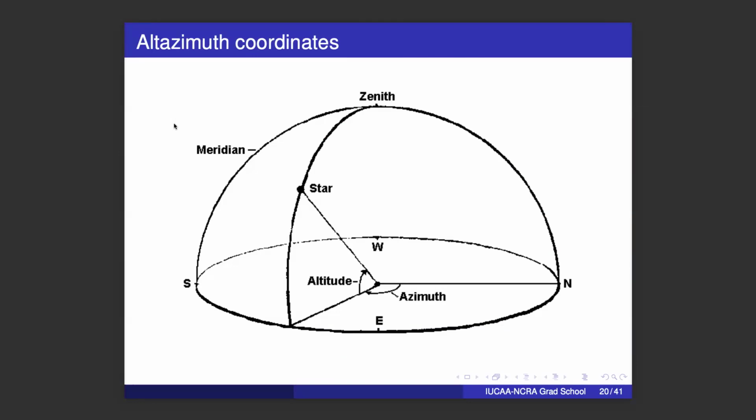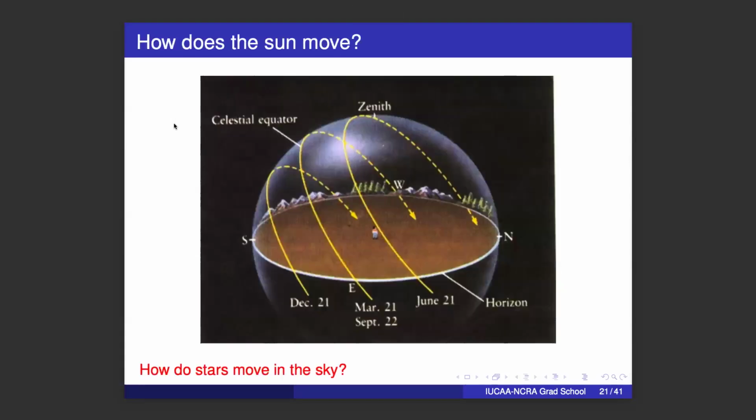So you measure this angle, and then you will measure the altitude of the star in degrees above the horizon. So by specifying this angle and that angle, you can specify uniquely any direction in the sky. So then you can say that at this azimuth and at this altitude, this particular star is there. So when you instruct your telescope to point in a particular direction, you will simply say, okay, point to this azimuth and point to this altitude. So this kind of coordinate system is called the altazimuth coordinate system.